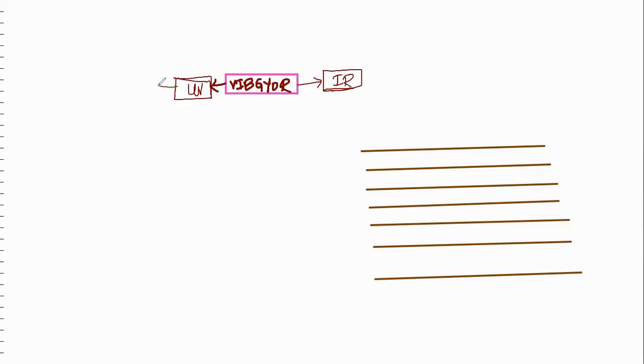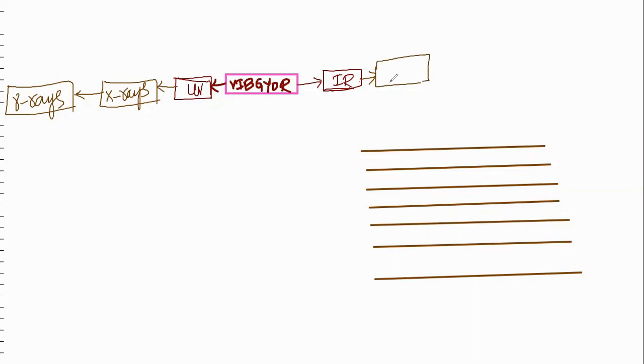The frequency greater than that of the ultraviolet rays are called X-rays, and the frequency greater than X-rays is called gamma rays. The frequency less than that of infrared rays are called microwaves, and the frequency less than that of microwaves are called radio waves.